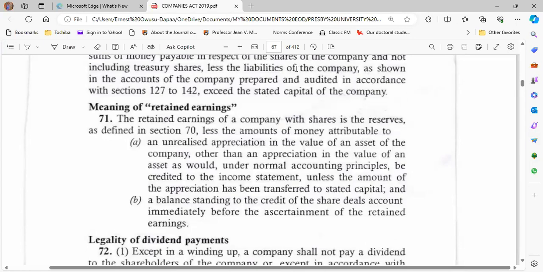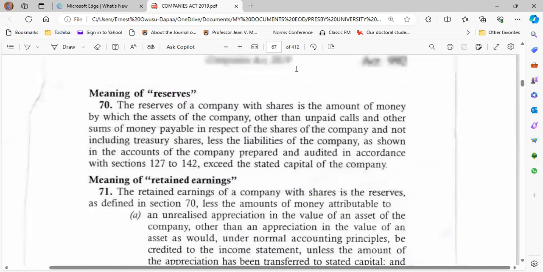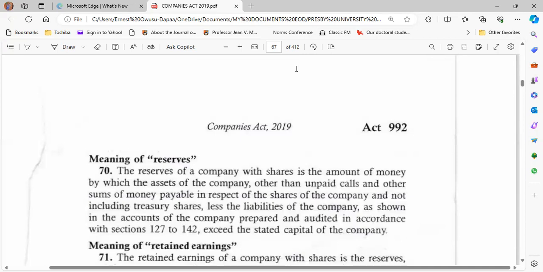Among other things, we said that the retained earnings basically refers to the monies which the company has made in terms of the assets. Like the shares that the company has given out, the company gets money, the consideration which the company has actually received. We are not talking about the unpaid one. We are talking about the actual paid one.